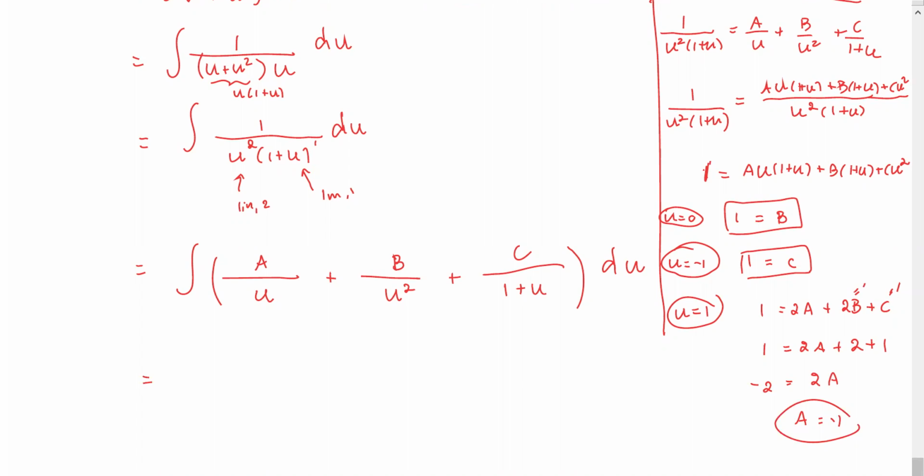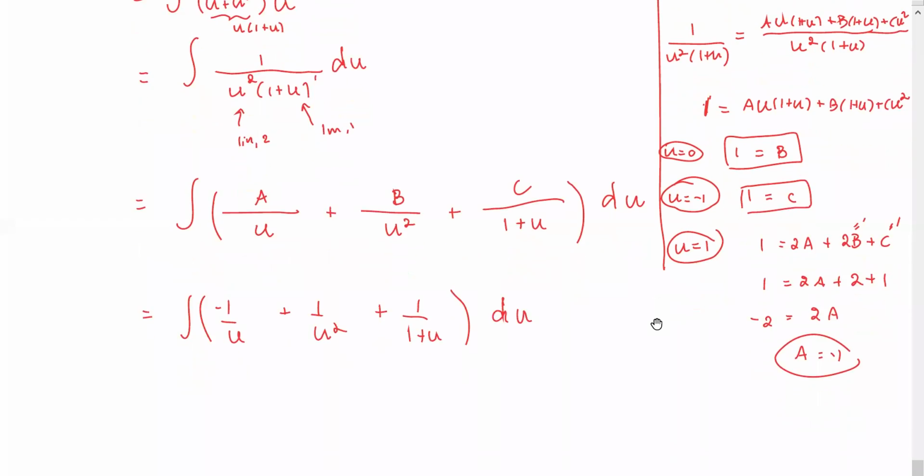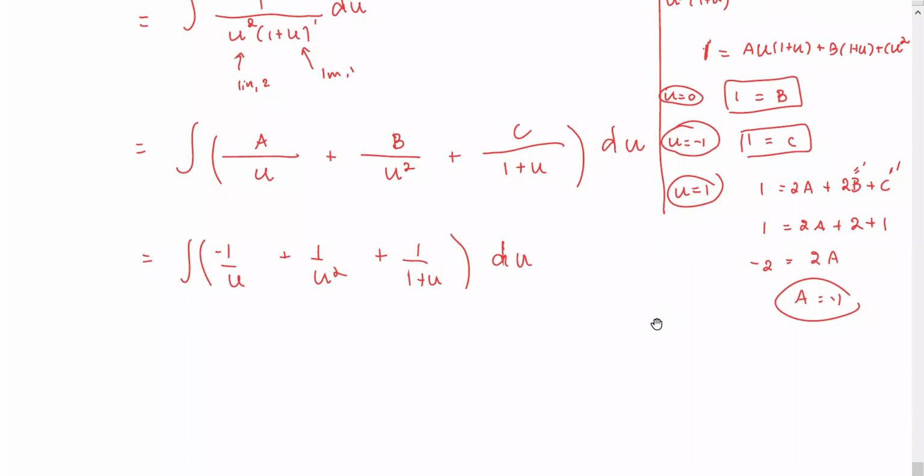Bring it back to the integrand. Now we have the integral of negative 1 over u plus 1 over u squared, and the c is 1, so plus 1 over 1 plus u, all with respect to u. For the antiderivative, again, 1 over u squared, just be careful, this is u to the negative second.